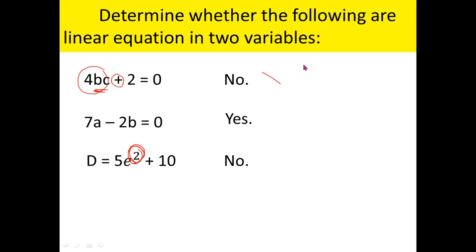Okay, last example. All right, x plus 1 over y minus 9 equals 0. Is that yes or no? Yes or no?